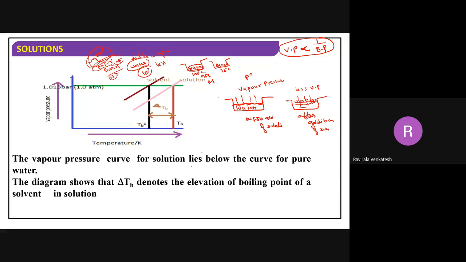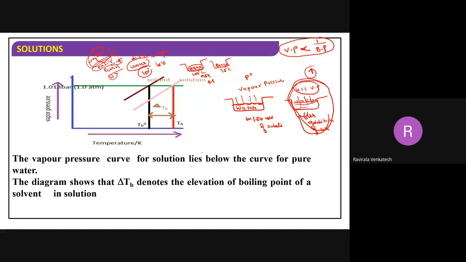Now, after addition of the solute, is the boiling point of this solution increased or decreased, beta? Increased. Why? Because when you add solute to the water, the water vapor pressure decreases. Correct or not?